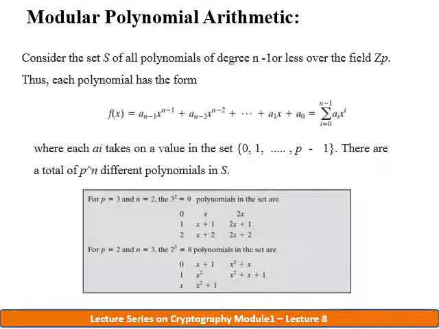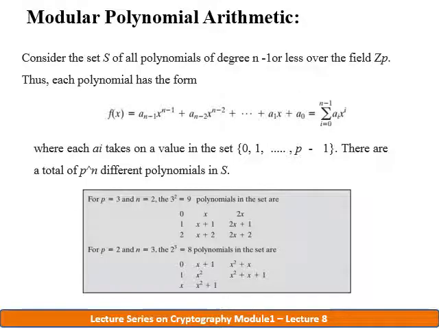A modular polynomial arithmetic. Consider the set S of all polynomials of degree n minus 1 or less over the field Z_p.